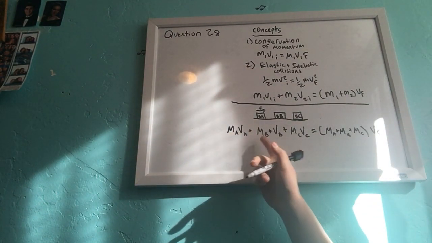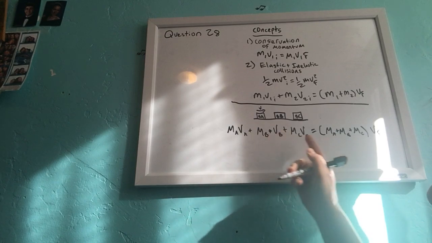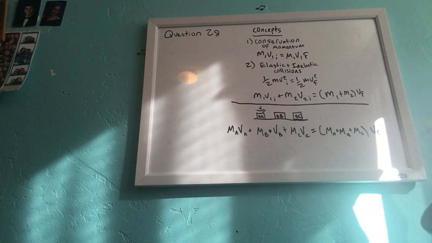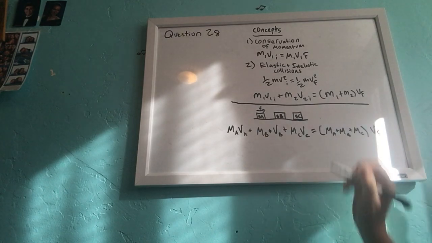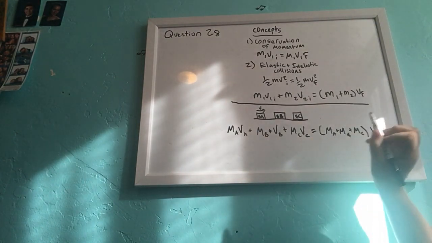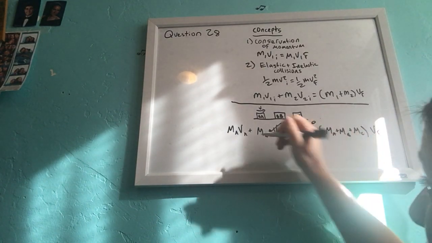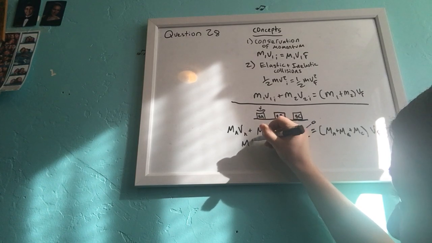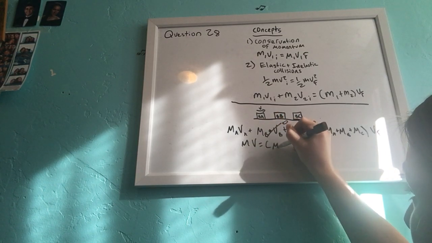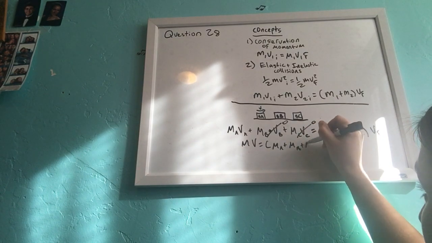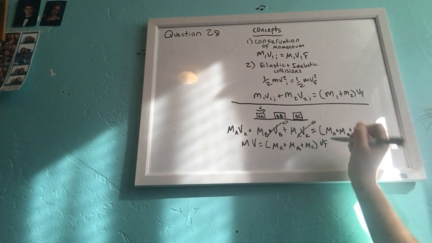Block B and block C are initially at rest, so their terms are 0 because the velocity is 0. Then we have MAVA equals MA plus MB plus MC times velocity final.